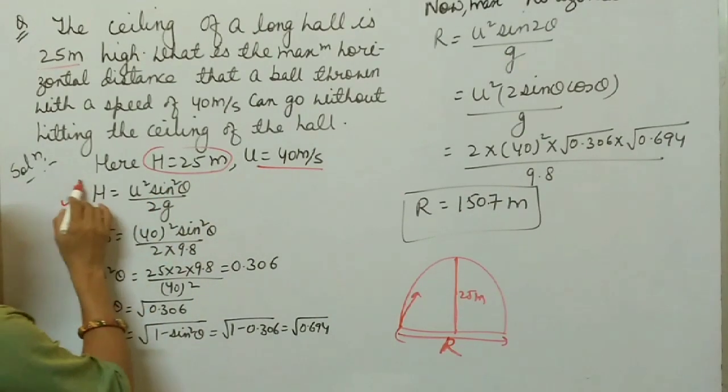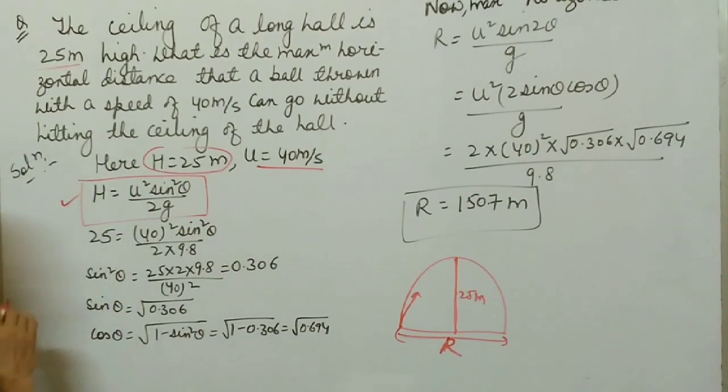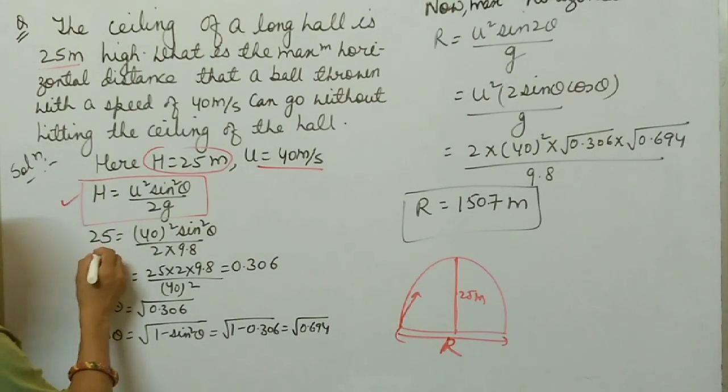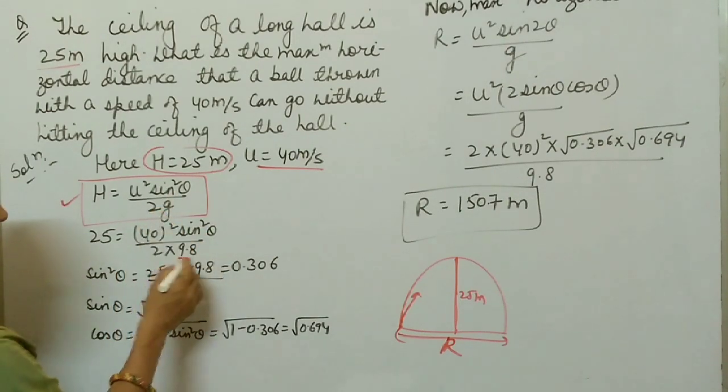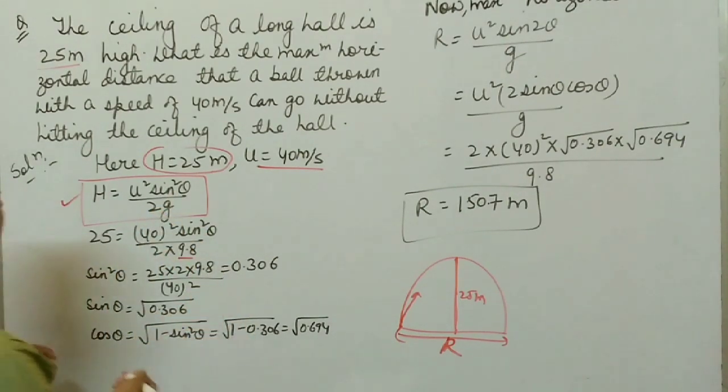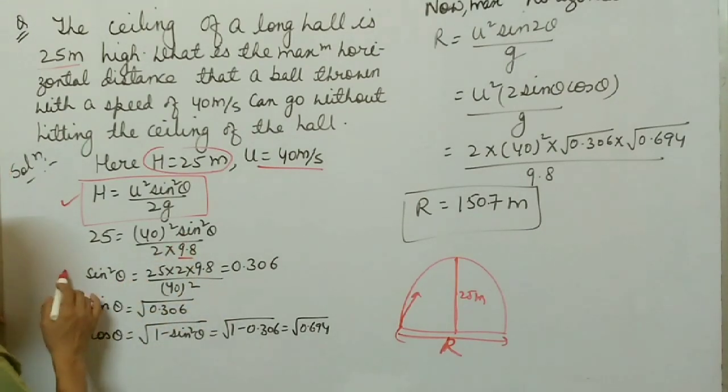This is the formula for maximum height attained by the projectile, right? So this H is 25, U is 40, sin square theta by 2g. You take g as 9.8 or 10 also, right? From here you can easily find sin square theta and then sin theta.